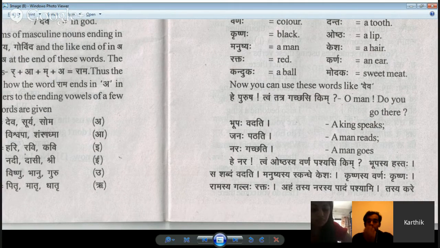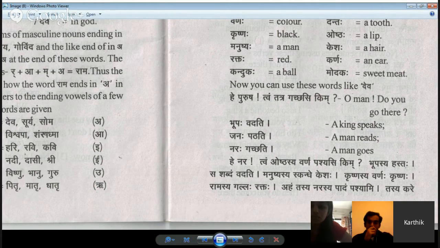Yes, tat becomes tasya, but in this case it looks very similar to narasya. But there are other cases where it may not decline the same way as nouns. Pronouns decline slightly differently compared to nouns. But as of now you can understand tasya at least looks similar to narasya, right? Aham tasya narasya padam pashyami. I see that man's foot.